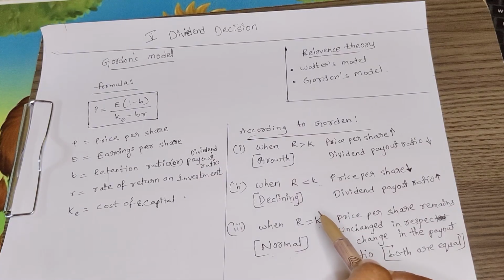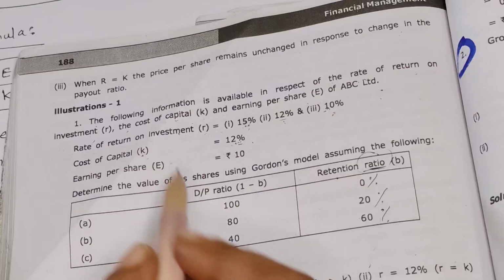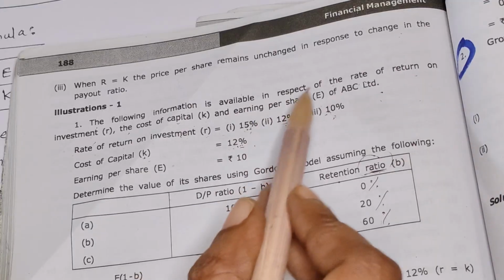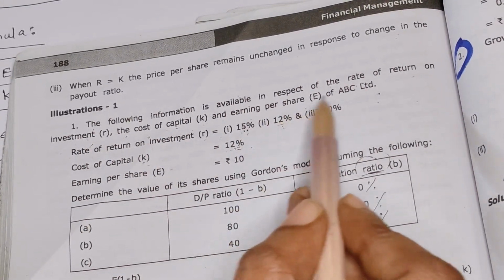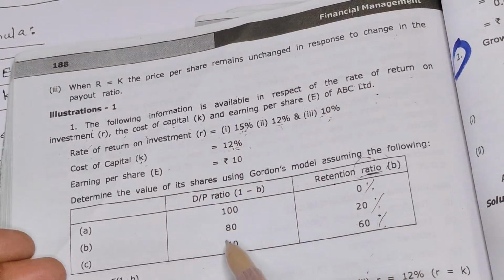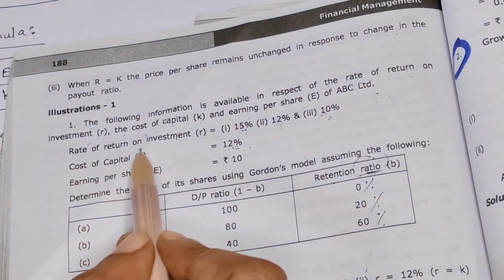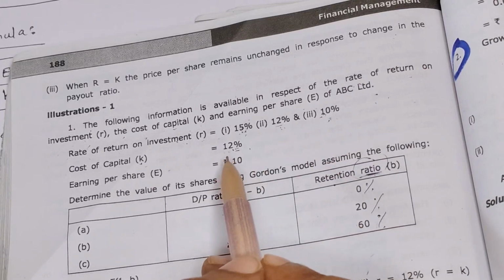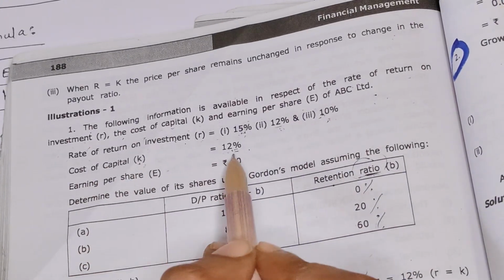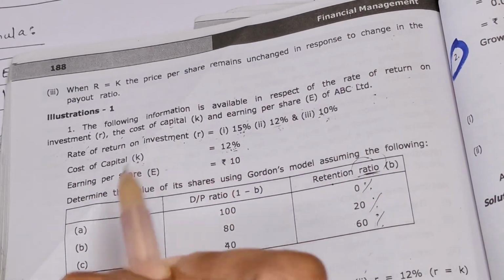Let's start one important question. The following information is available in respect of the rate of return on investment, cost of capital, and earnings per share of ABC Limited. Rate of return on investment, that is R, is 15%, 12%, 10%. 3 percentages are given, and cost of capital is 12%. Earnings per share is 10.